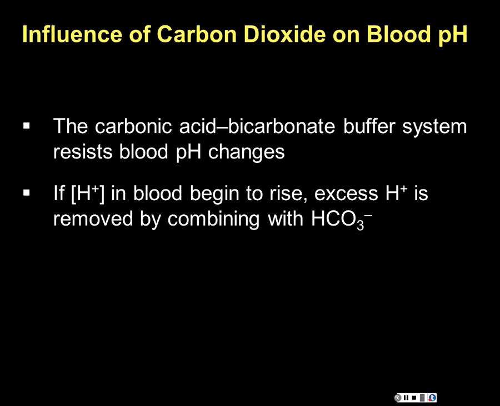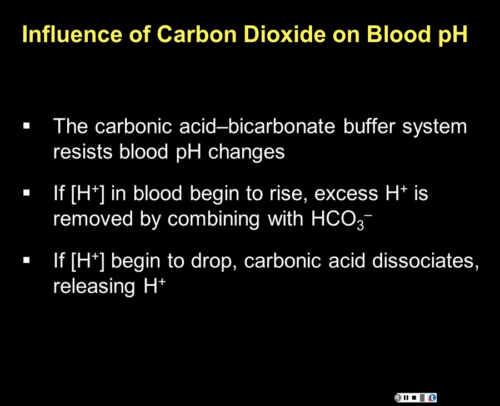If our hydrogen ion content becomes too high or our blood becomes a little what? Acidic. All I need to do is bind those hydrogen ions. Bind them with what? Bicarbonate ion and form which intermediate? Carbonic acid.